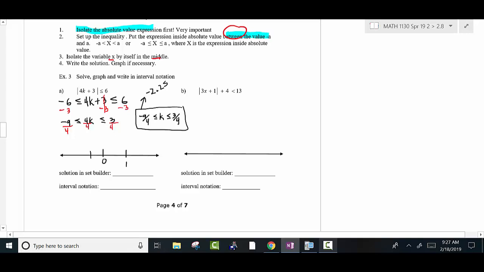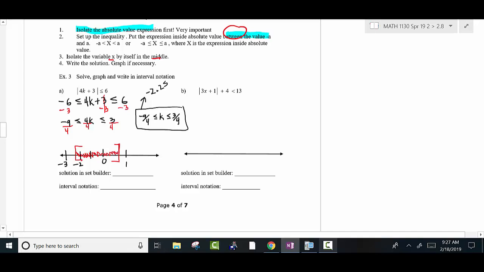So I'll just go all the way out to -3. And then I just kind of estimate where they are. So 3/4 is in here, and you're going to have a bracket right on where you think 3/4 is. And then -2.25 is going to be roughly in there, and then you just shade in the middle like that. So that's how that goes.